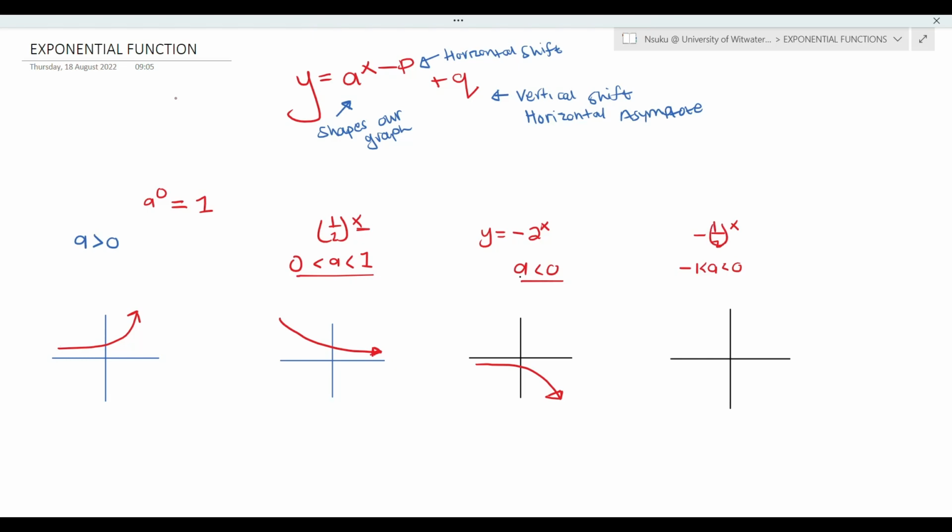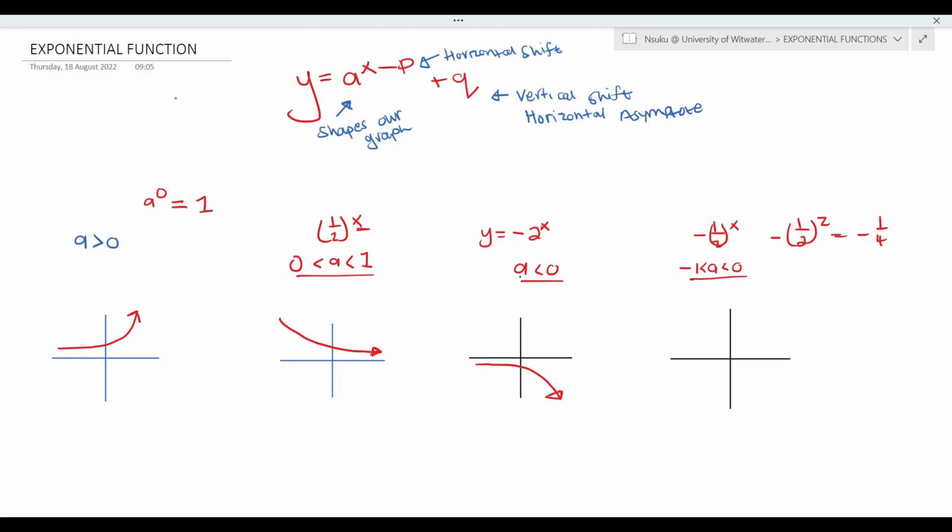What happens when our graph is like that? Let's analyze what the impact of x will have on the graph. If x is 2, then negative 1 over 2 to the power of 2 will give me negative 1 over 4, right?